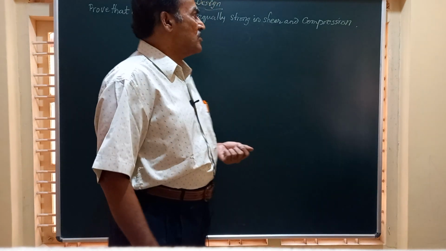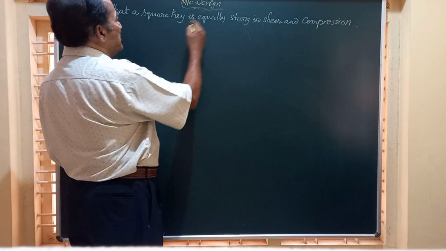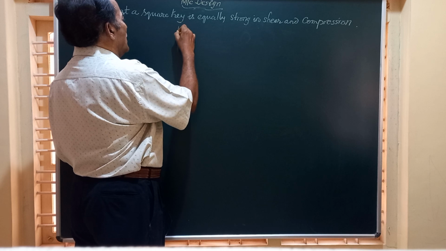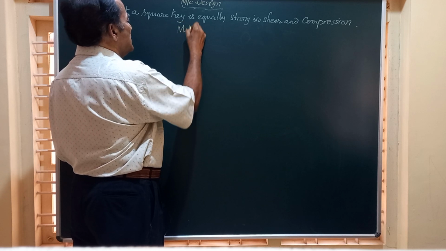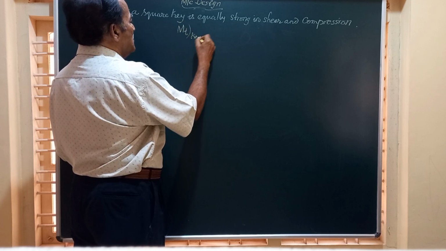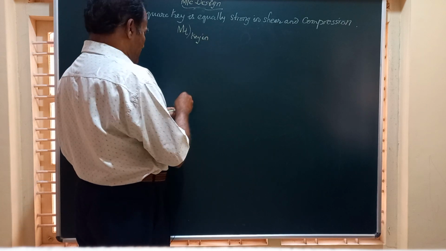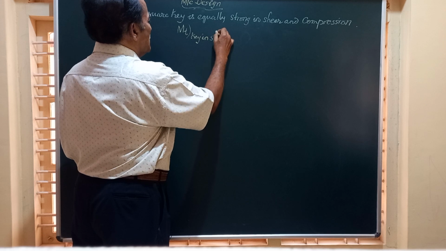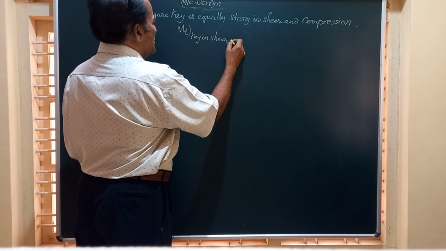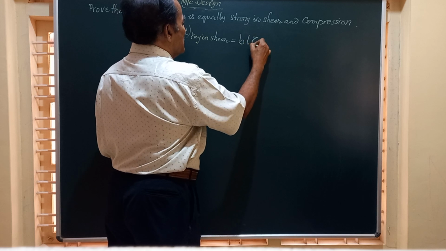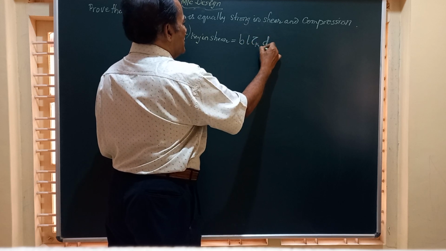Friends, suppose you are having this square key, in general we can write down the torque transmitted by key in shear is given by the expression B L tau K into D by 2.